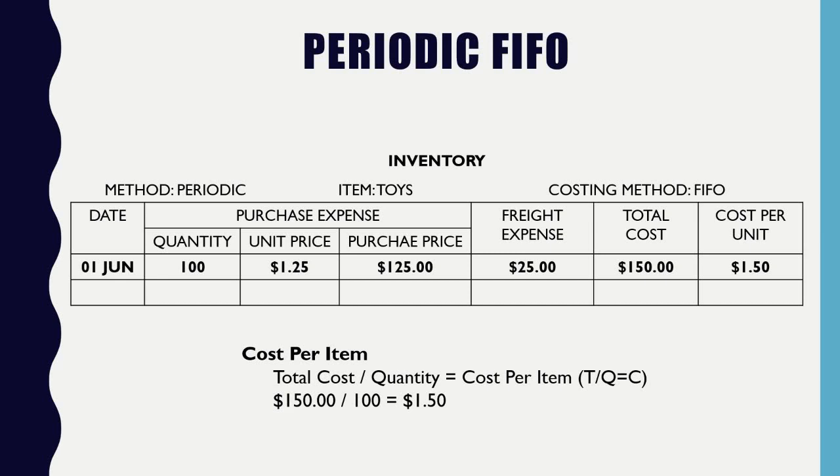So that's exactly how I have to treat it, because every time I sell a toy, it's going to cost me $1.50. Even though I originally purchased it for $1.25, I need to take the freight and spread it across so my customers also pay for the cost it took me to pay for the shipping on top of that. So that's exactly where that $1.50 comes from. This is the price that it's going to cost you to sell one toy.